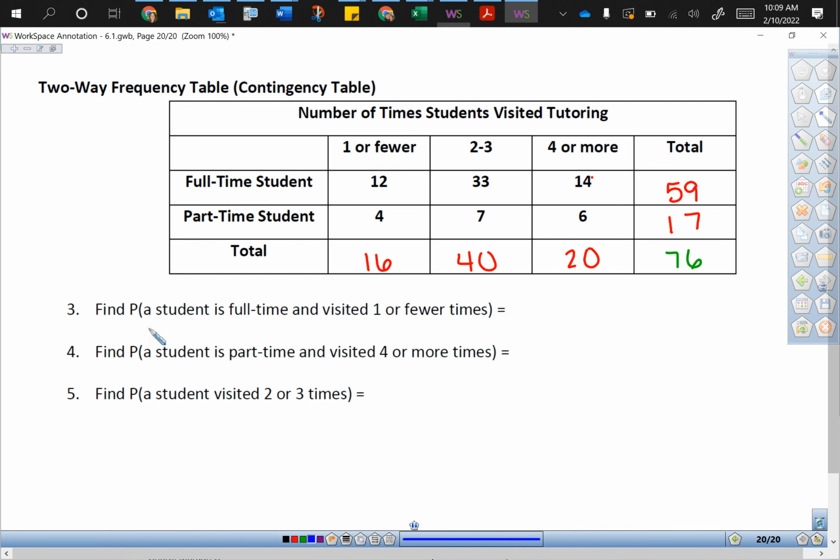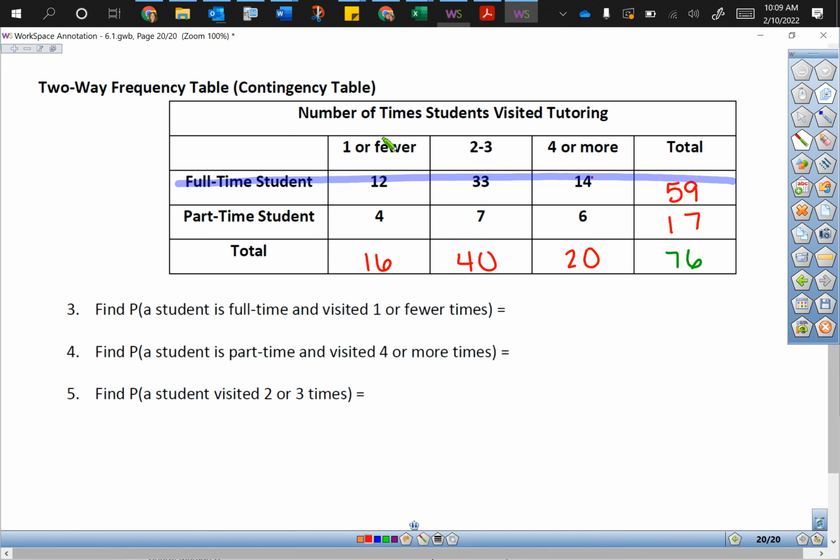So on number 3, it says, find the probability that a student is full-time and visited one or fewer times. So I'm going to look up here at my two-way frequency table, and we want the probability that a student is full-time, so that's this guy right here, and that they visited one or fewer times. So you're looking for the intersection of those two highlights.